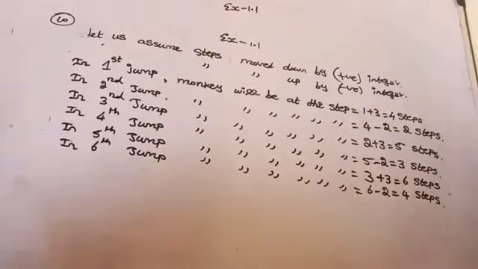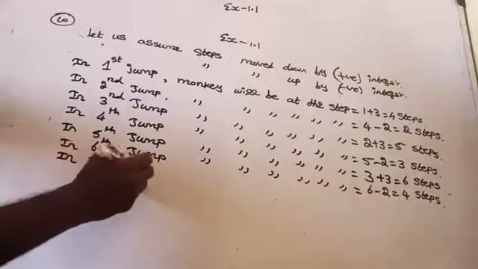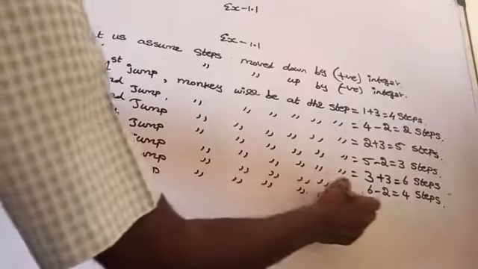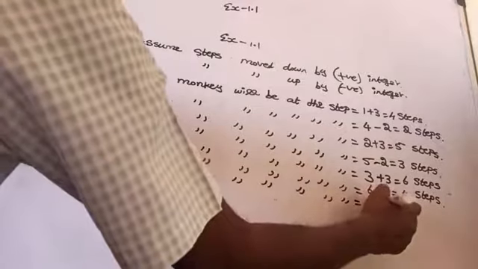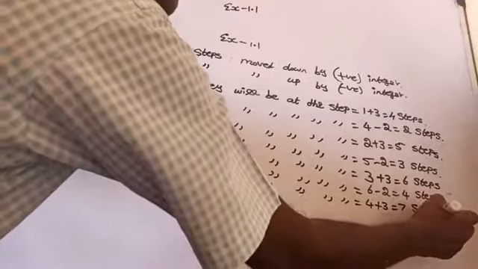In the seventh jump, the monkey will be at the step 4 plus 3, that is 7 steps.